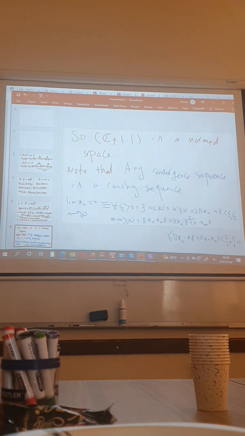So if m and n are greater than or equal to N, this norm is less than epsilon. So this sequence is a Cauchy sequence. So any convergent sequence is a Cauchy sequence, but not vice versa.